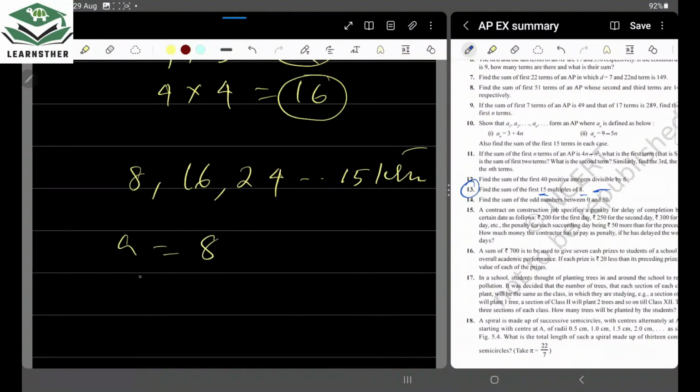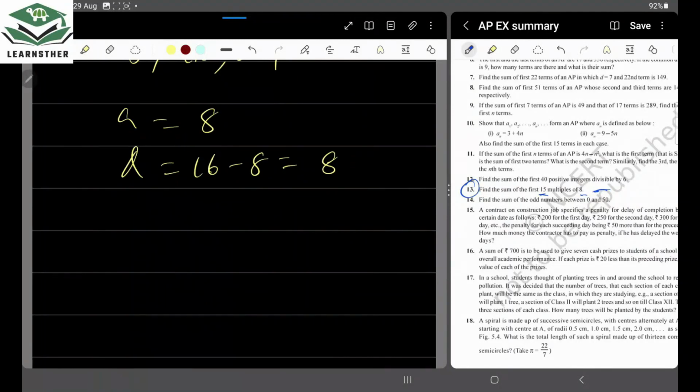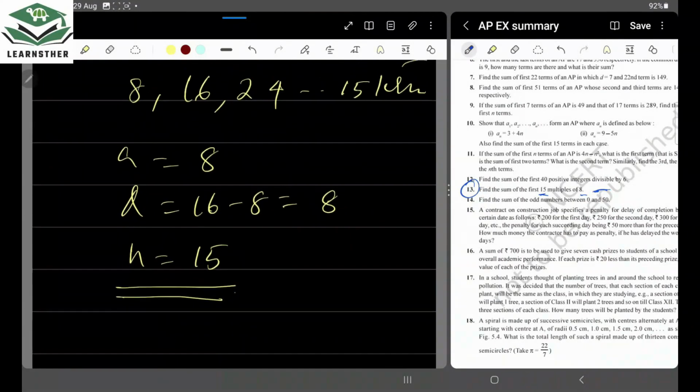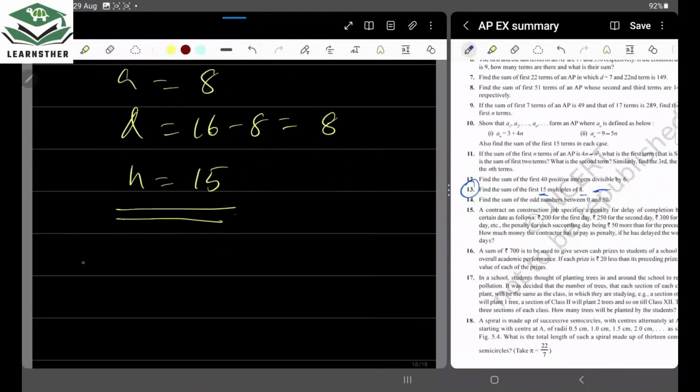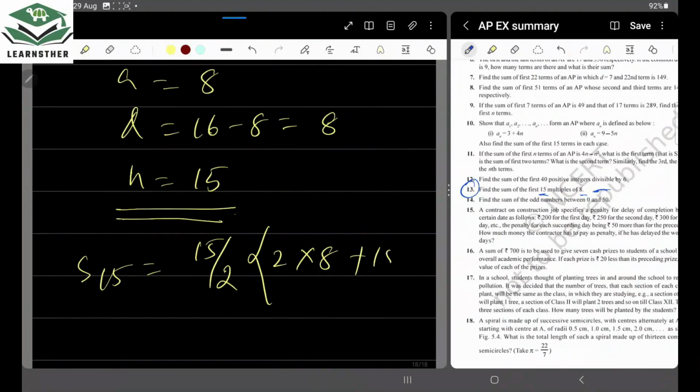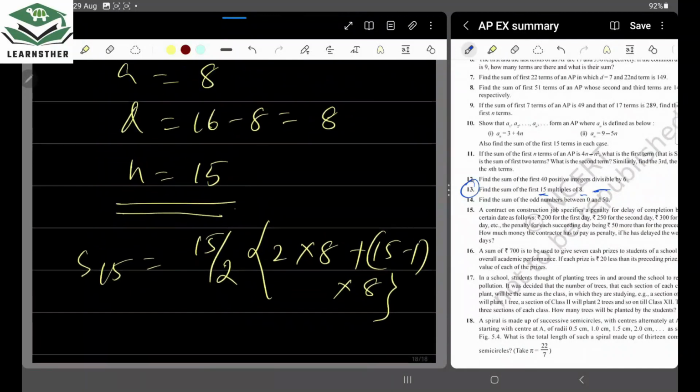So here a is your 8, d is 16 minus 8, which is 8. So n is your 15, 15 terms. So S15 will be 15 by 2, 2a plus n minus 1, 15 minus 1, d is your 8.